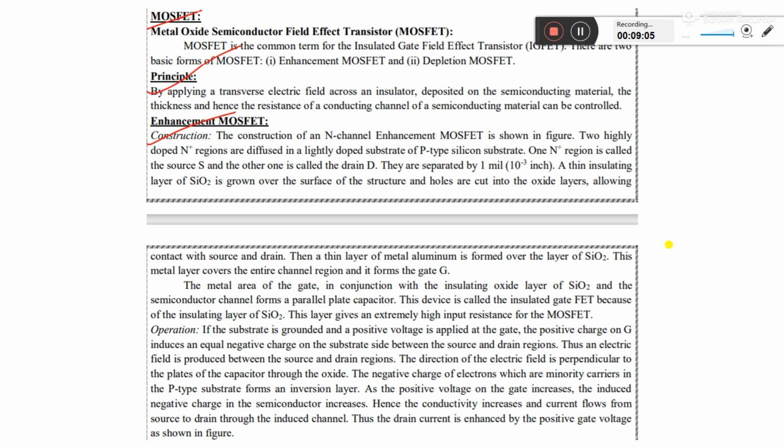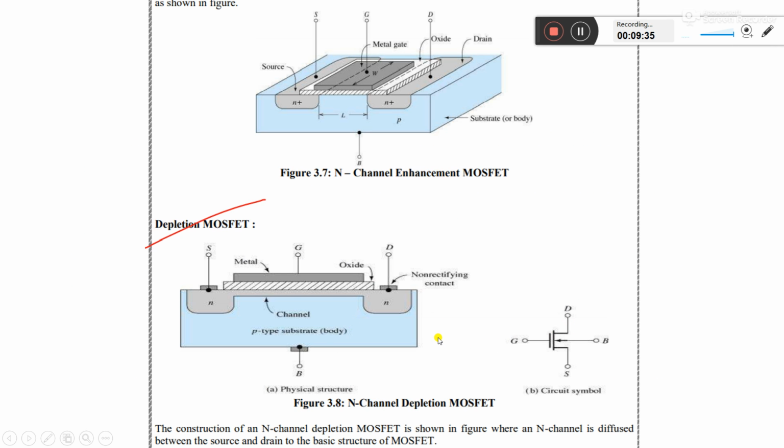In depletion mode, if the gate is negative, then the channel formed is due to positive holes, and the channel here is N-type. It means the minority charge carriers are accumulated on the second plate, and that's why we get a drain current. Symbolic representation was already shown in the first slide, and here also we get that one.